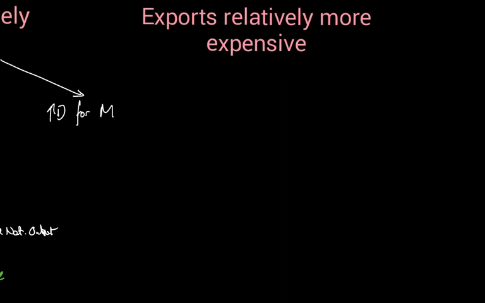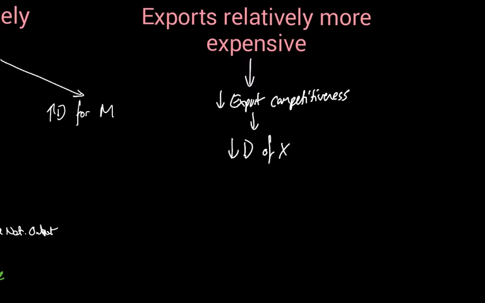Well, if exports become relatively more expensive, there's a reduction in export competitiveness. And as a result, we would get a reduction in quantity demanded of exports. It's likely that foreigners will buy fewer exported goods.